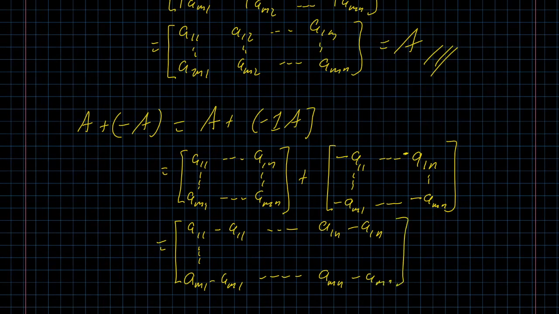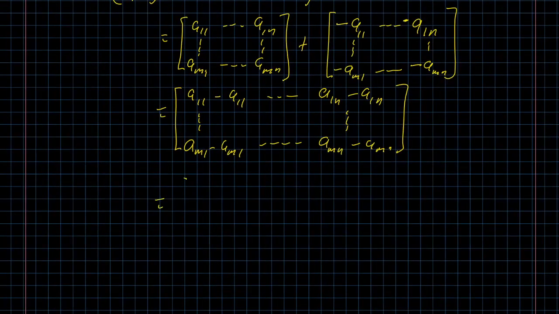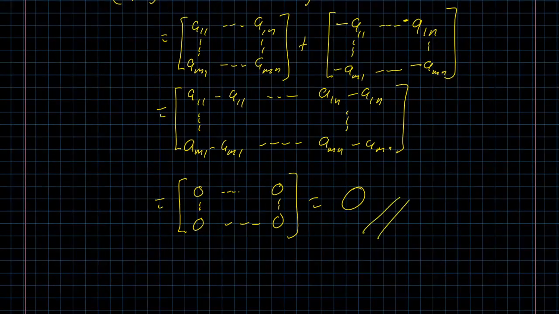In every single case, you have the same thing subtracted from itself, so we get the matrix that is 0 everywhere. That is the 0 matrix. So we get that nice proof of at least those two properties.